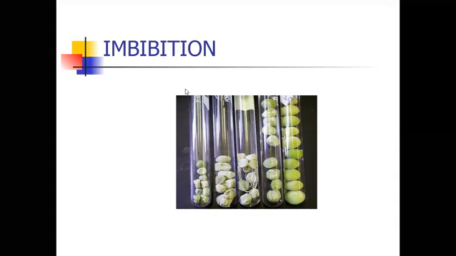The wooden doors and windows cannot move easily in the rainy season, because in the rainy season the wooden doors absorb water or moisture. They enlarge in size. So in the rainy season the wooden doors cannot move front to back, back to front, easily.